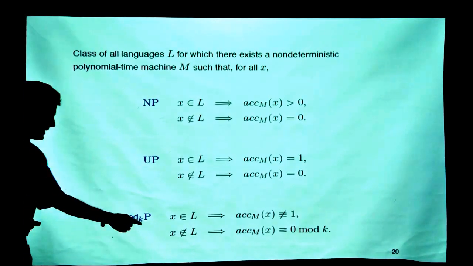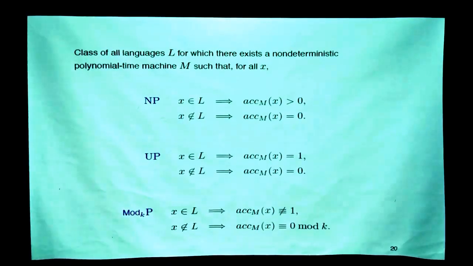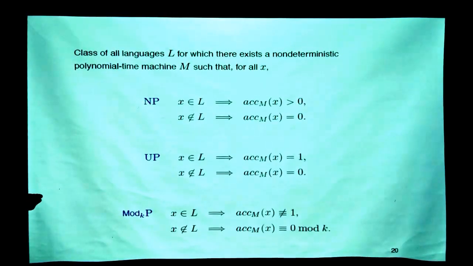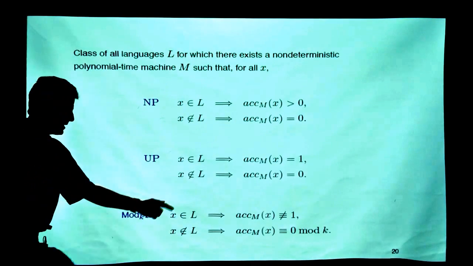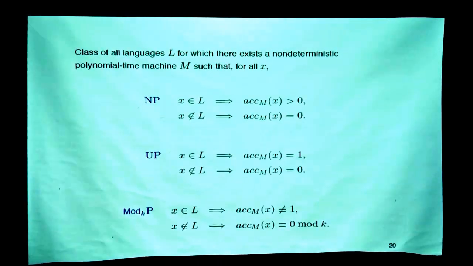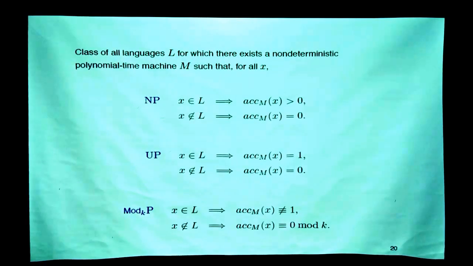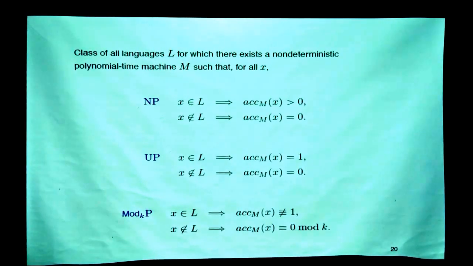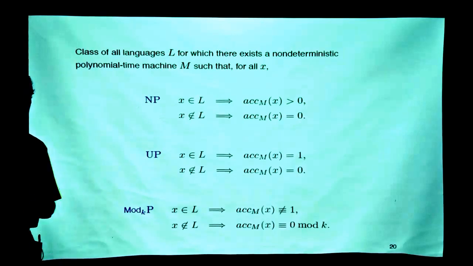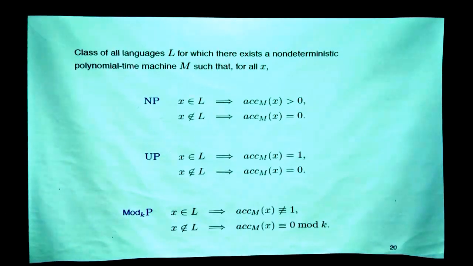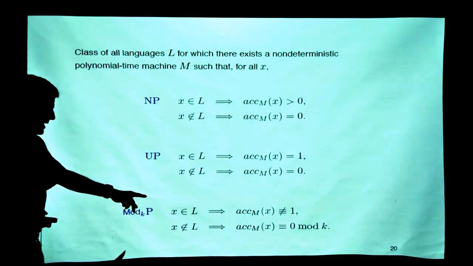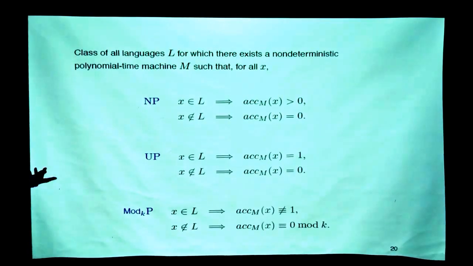If it is 0 modulo k, you say the string is not in the language, and if it is different from 0, you say it is. We will basically use it only for k equals 2, which is the class parity P. I mentioned that class also on Wednesday. If it is in the language, the number of accepting paths is odd.